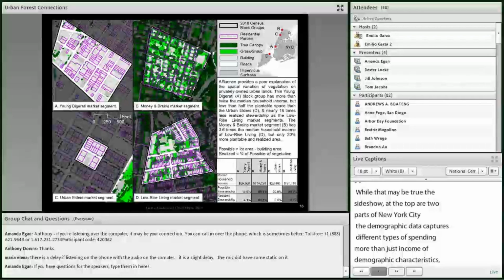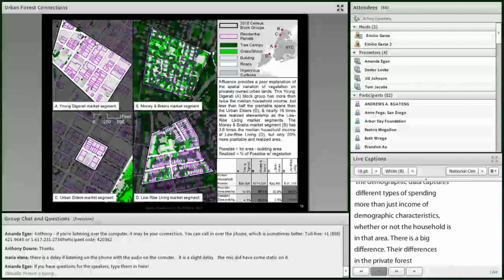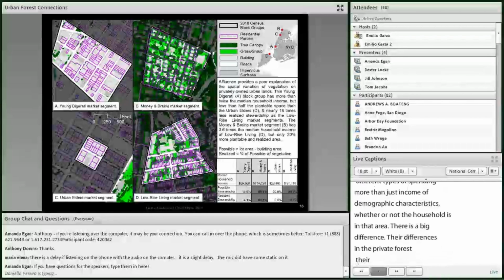So there's differences in the private forest owner, as Morgan described it earlier. The new forest owner is private residential landowner in urban areas. And there's differences among those. And there's also differences among decider groups like Parks Department, Offices of Sustainability, and planning, transportation, and so on.